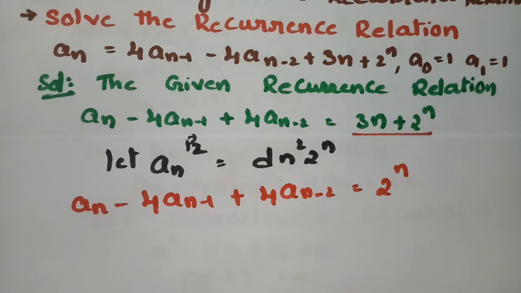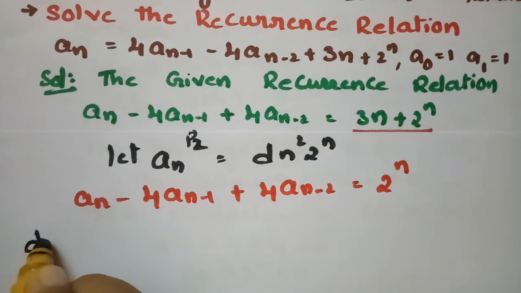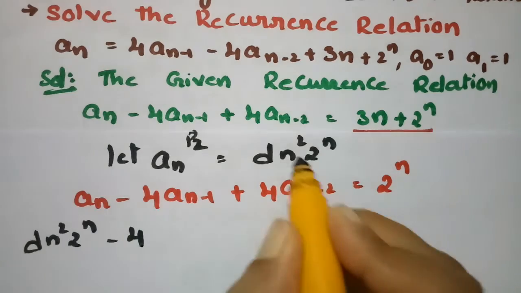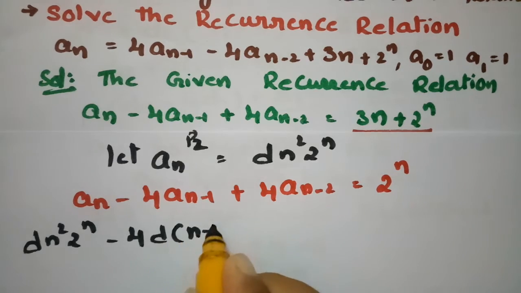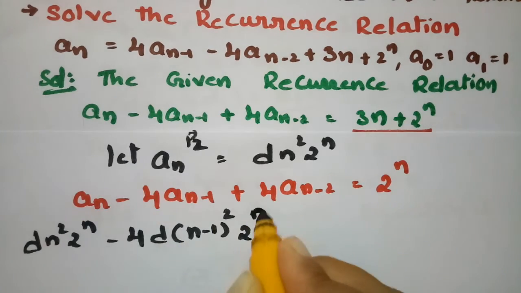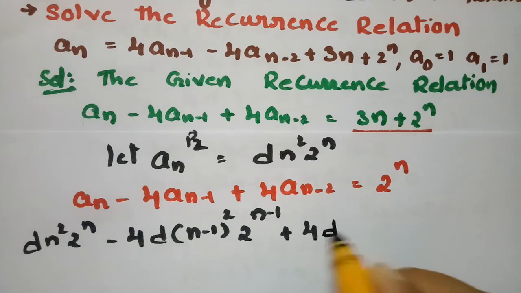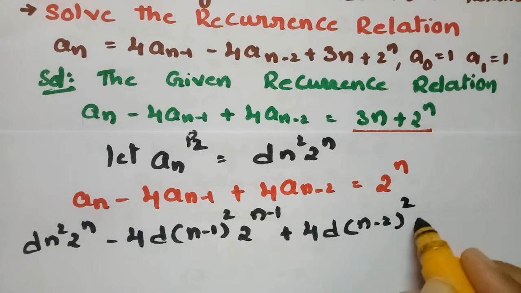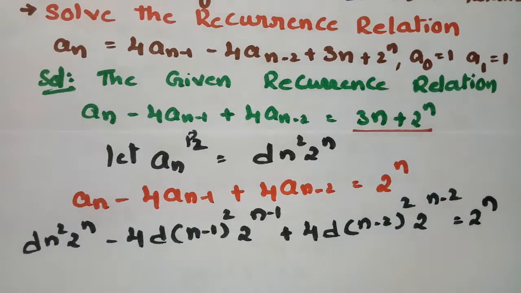If I substitute all the values, it will be d n square into 2 power n minus 4 times of, in place of n we have to keep n minus 1. So this is d (n minus 1) whole square into 2 power (n minus 1), and 4 times of, in place of n we have to keep n minus 2, d (n minus 2) whole square, and this is 2 power (n minus 2), is equal to 2 power n.